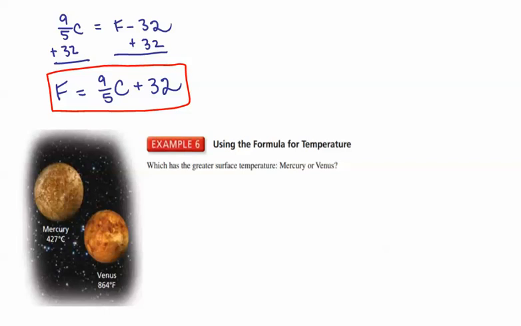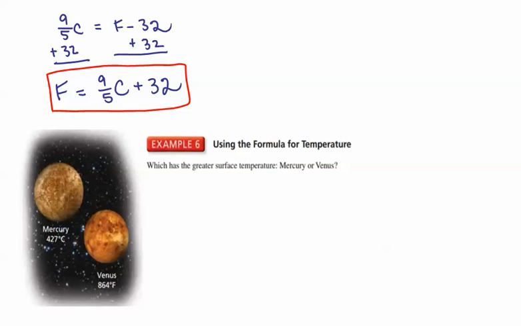But what we would do in this case is pick a temperature, either centigrade or Fahrenheit, and convert the other one to what we want. So since we, at least here in America, think of temperature in terms of Fahrenheit more readily, I'm going to convert the Mercury temperature to Fahrenheit and compare that to the 864 degrees on the surface of Venus.